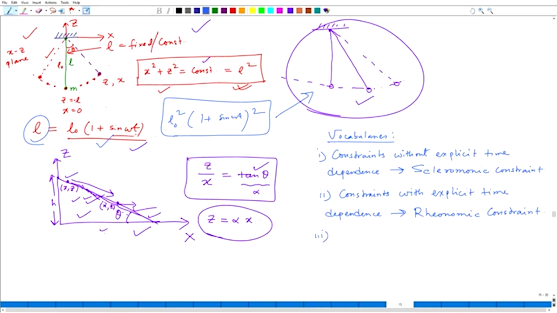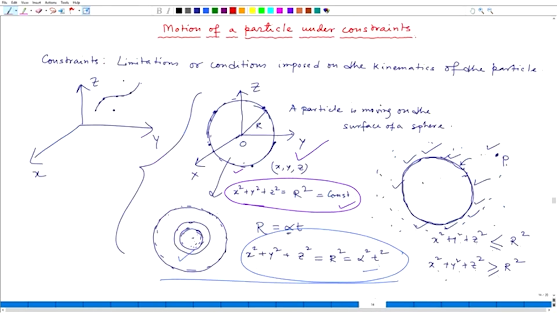Number 3. I change the color of this. Some constraints are equalities. You see that this equals this equals this.